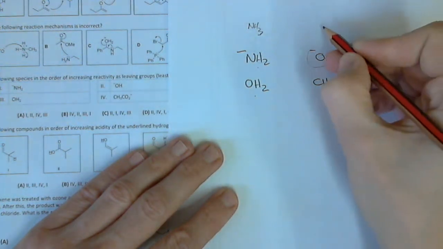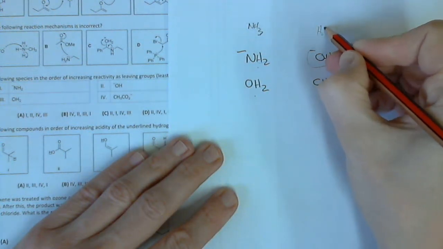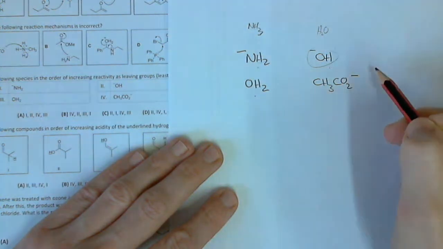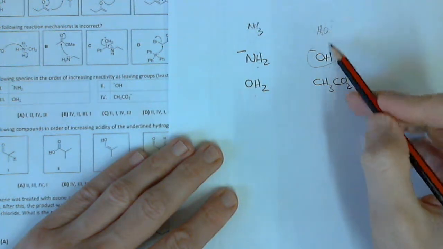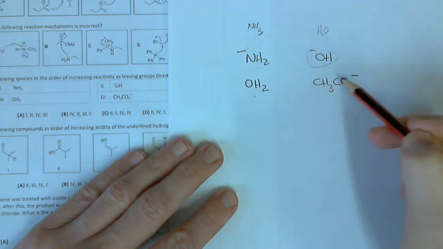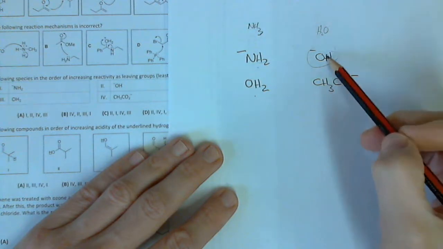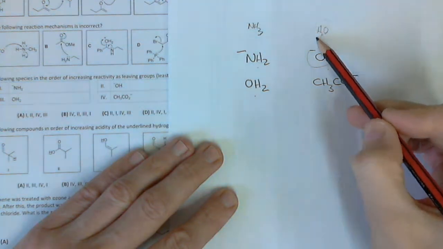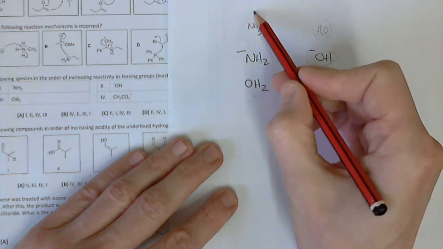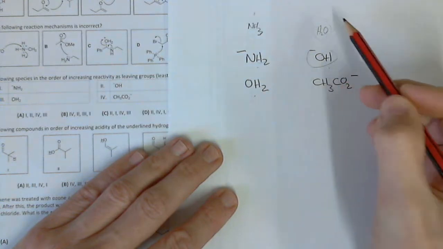Likewise, OH minus is not a great leaving group. We've learned that from early ages. Water is the acid for this conjugate base, and water is not an acid at all. So this is probably going to be number 2. This is the worst one, and this is probably going to be the next one.